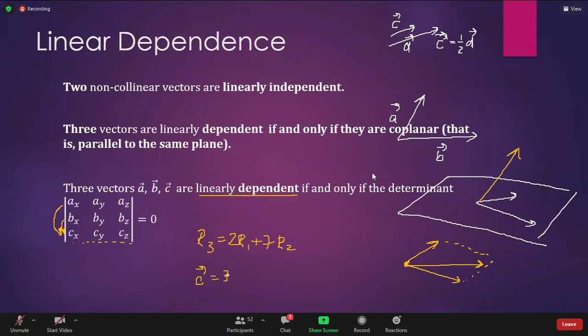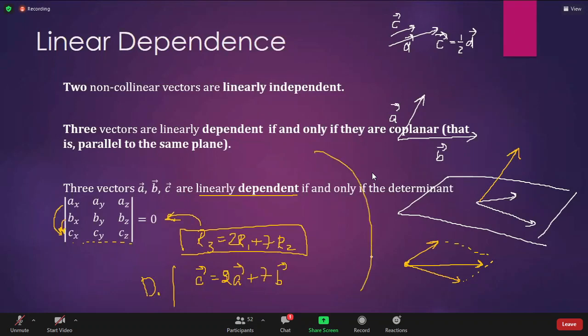Vector C is 2 vectors A plus 7 vectors B. So this means dependent, and this means the determinant is 0. Basically, it's the same thing written in two different ways, as rows or as vectors. If we use the idea about rows, we see that the determinant must be equal to 0. If we use this idea written as vectors, we say, okay, by definition, they are dependent. So the vectors are linearly dependent if and only if this determinant is 0.